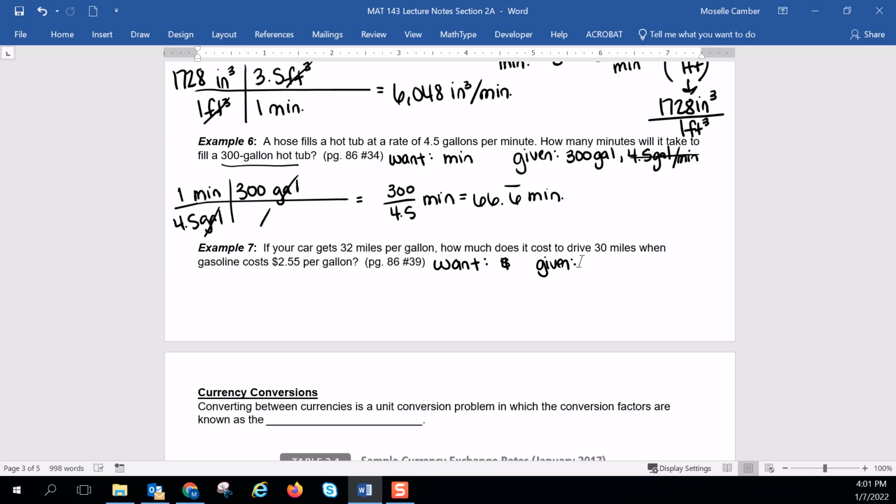And now we can put the rest of the stuff in our given. So I'm just going to start over at the beginning to look at all of our units. So your car gets 32 miles per gallon. Well, those are some units. So we have 32 miles per gallon. We're driving 30 miles. When gasoline costs $2.55 per gallon.